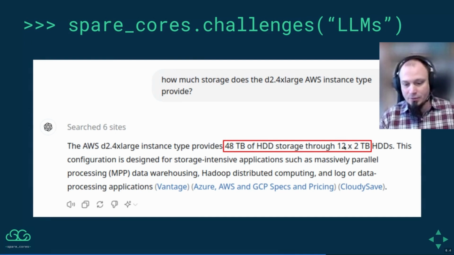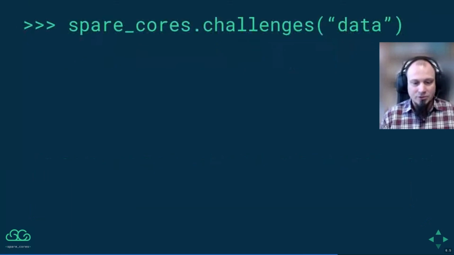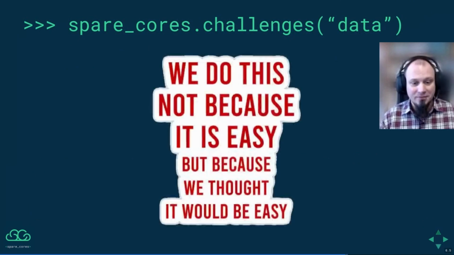It found the actual number of drives and the storage was correct, but doing the multiplication was wrong. Also, we are not only collecting data on the internet, but we are generating those in the means of benchmarks. The biggest problem after these two fun facts was actually the availability of the data. So not data quality, but even the availability.